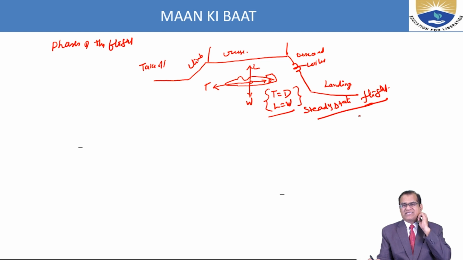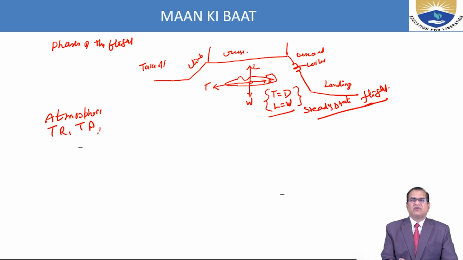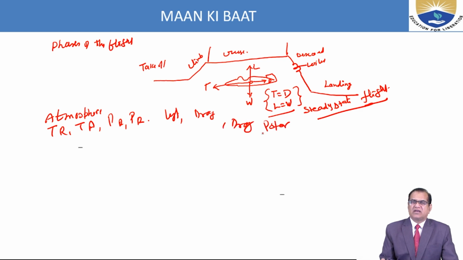So we are discussing this type of thing now. We have also studied about the atmosphere, thrust required, thrust available, power required, power available, lift, drag polar. So CD is equal to CD naught plus K CL square.